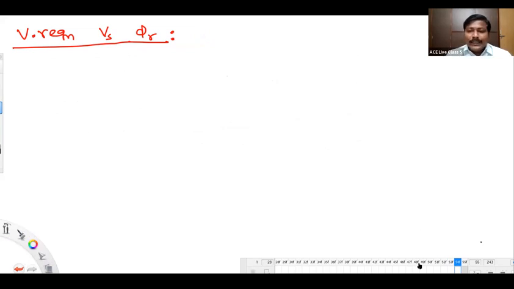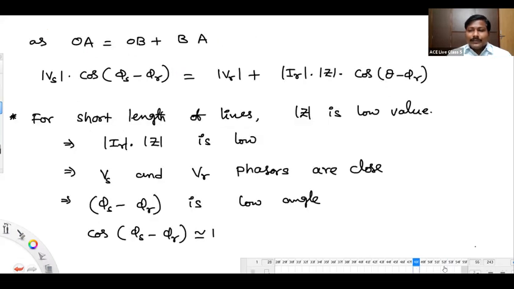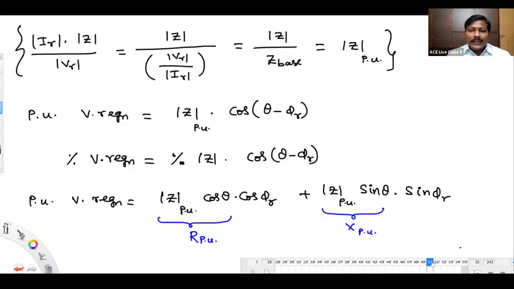Let's look back at the voltage regulation equation once. Under rated conditions, I am saying, the voltage regulation equation is percentage Z cos of (theta minus phi r). Percentage Z is a constant number, multiplied by cos of (theta minus phi r). Phi r is a variable now in our study.